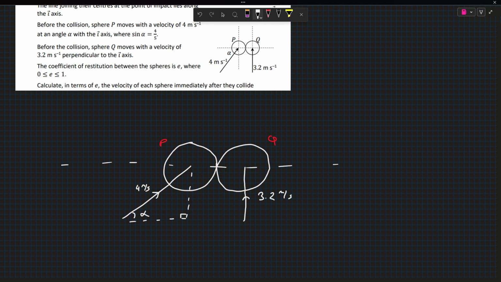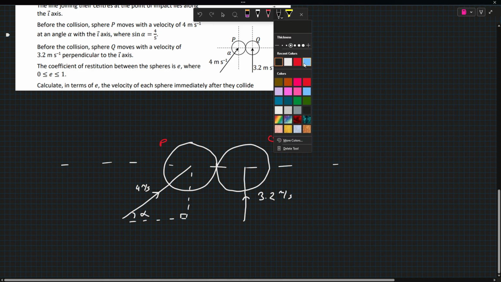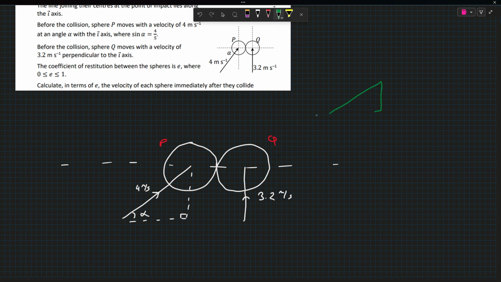Now, splitting this up into components, I'll go to green. Why not green? So we have our triangle, because we're given sine alpha. Sine alpha is opposite over hypotenuse, so that's 4 over 5, and the adjacent is 3. So we know that cos alpha is 3/5, sine alpha is 4/5.